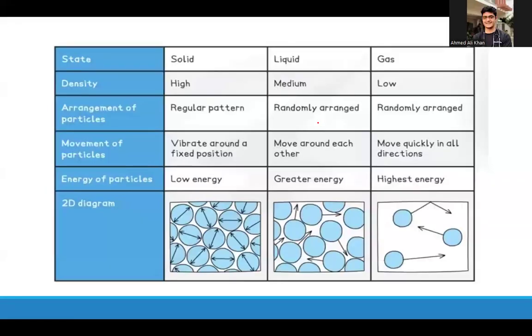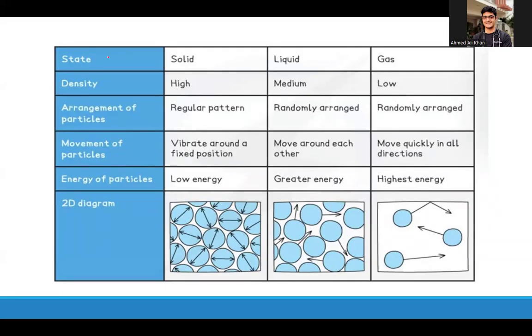So this is a table that summarizes the differences between solids, liquids, and gases in a very concise form. Basically, whatever I discussed over the past 10-15 minutes is summarized in this table. If you memorize this table by heart, you can say that you have mastered the states of matter.